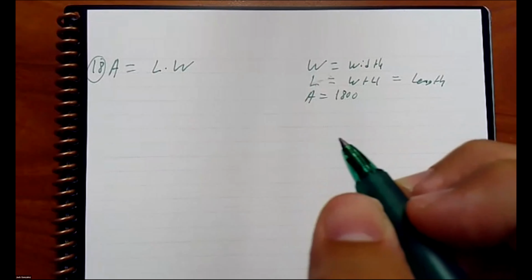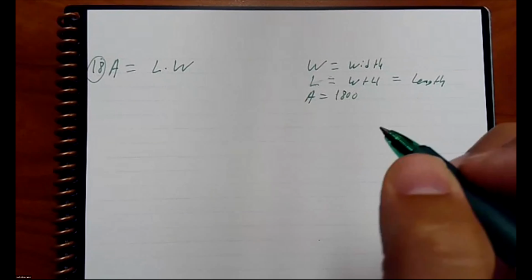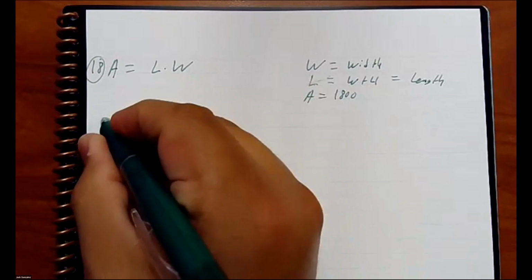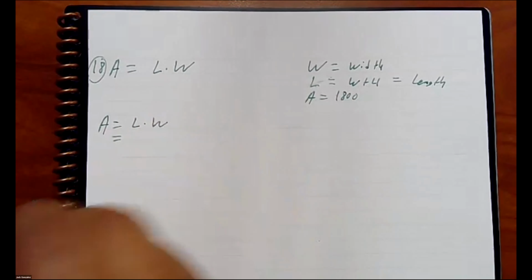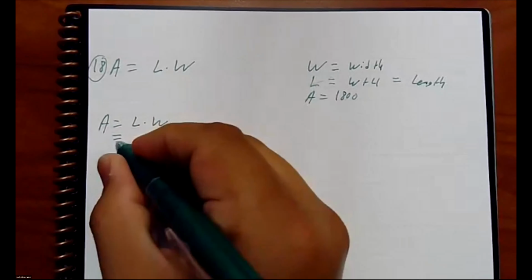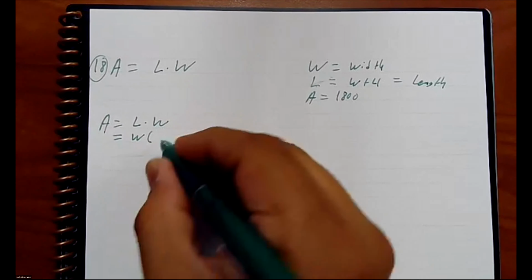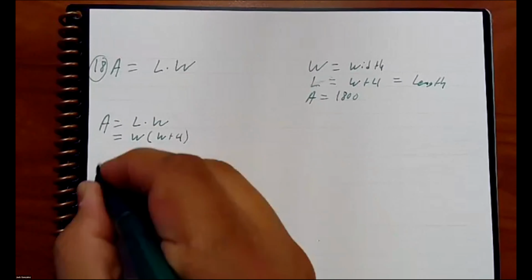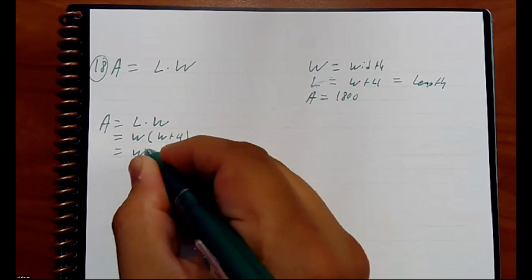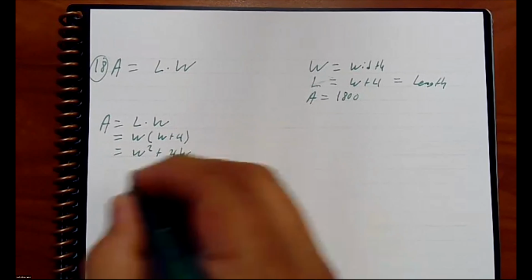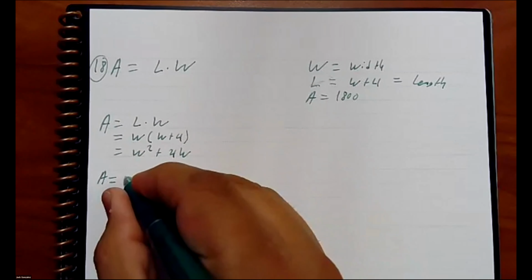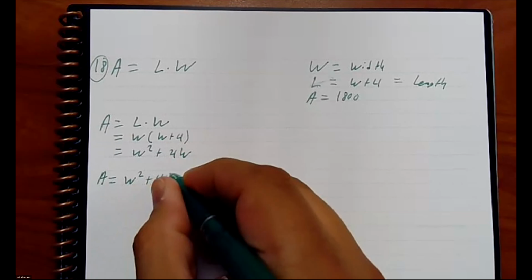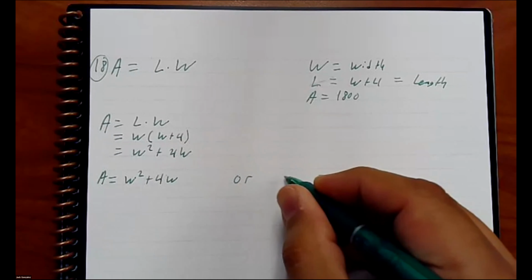So part A says write a quadratic equation for the area of the floor in terms of W. So either they want it written this way, or like this.